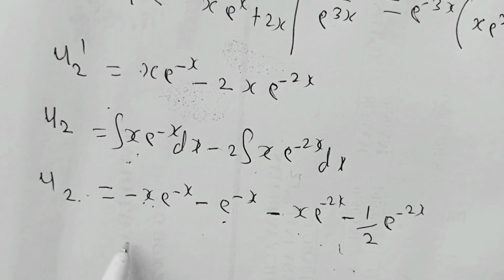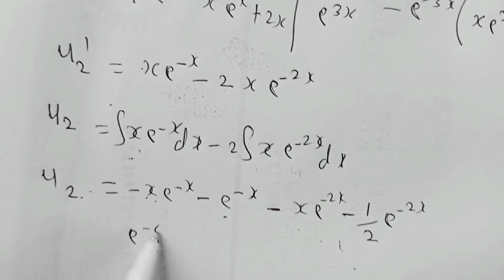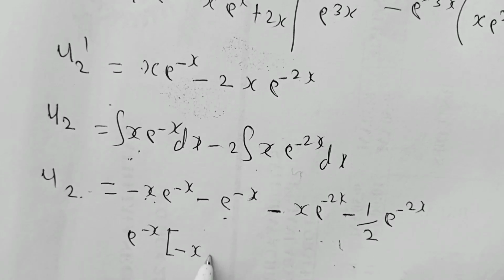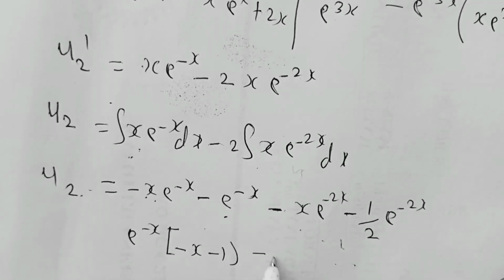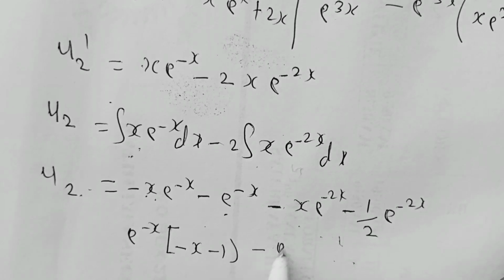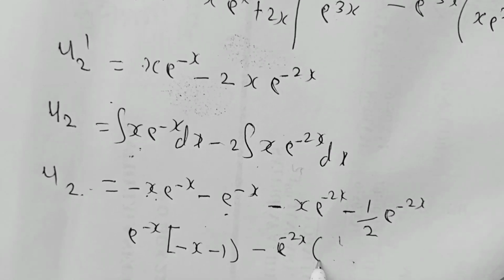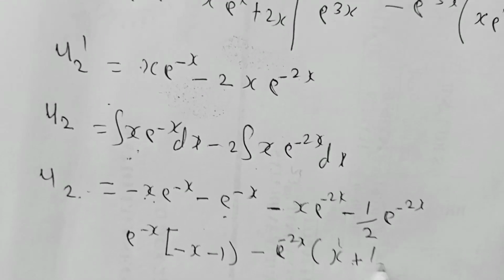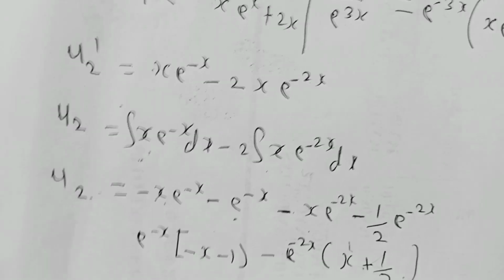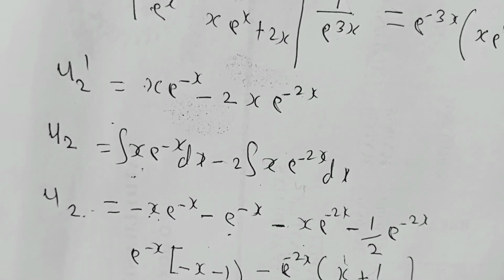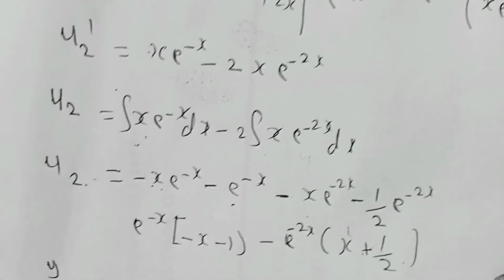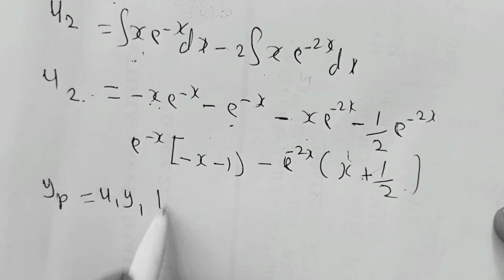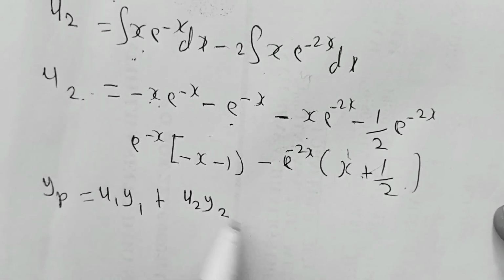In the first part here, we can factor exponential negative x so that we get negative x minus 1. The other part, we can factor negative exponential negative 2x so that we'll be left with x plus half. Then from there, we are going to get yp. yp is given by u1 y1 plus u2 y2.